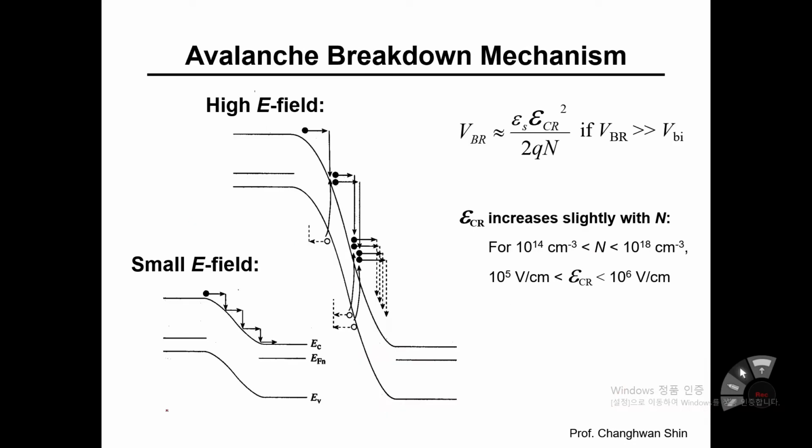Okay, now let's dive into some more physical details of how breakdown can happen in the PN junction diode. Basically, breakdown can happen under reverse bias.